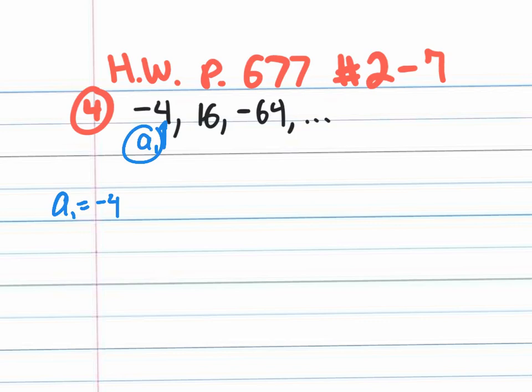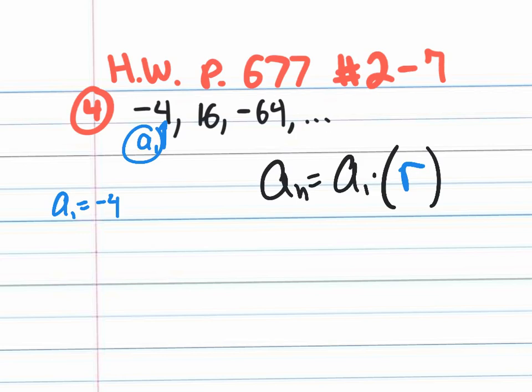We might as well write down the a sub nth rule of this geometric series. The a sub nth rule of this geometric series is a sub 1 times the common ratio, r, to the power of n minus 1. Okay. So we have the a sub 1 being negative 4.